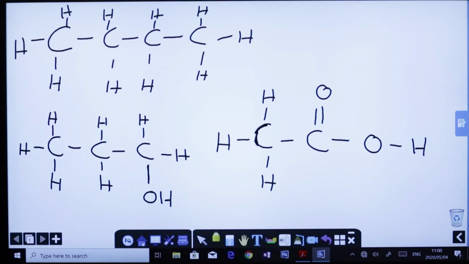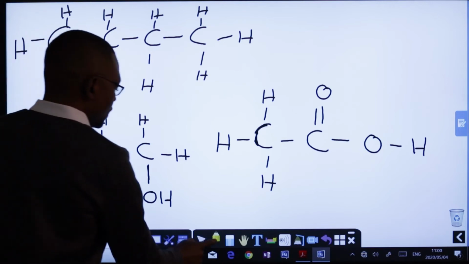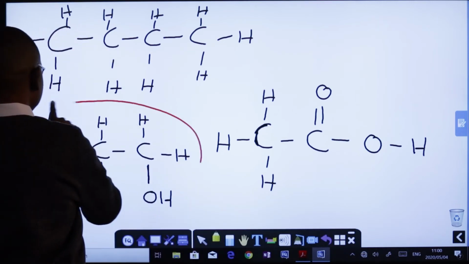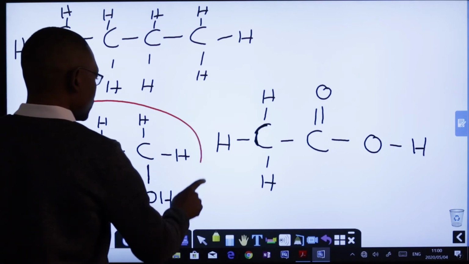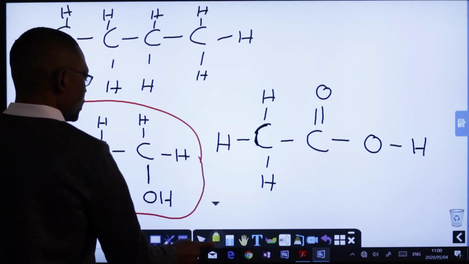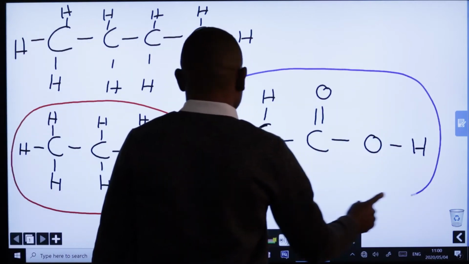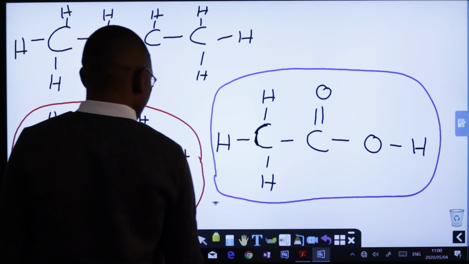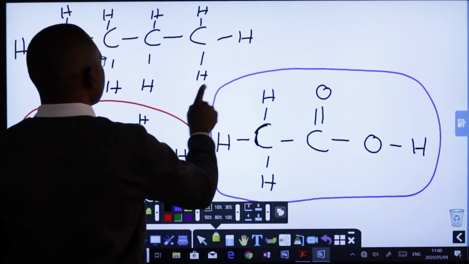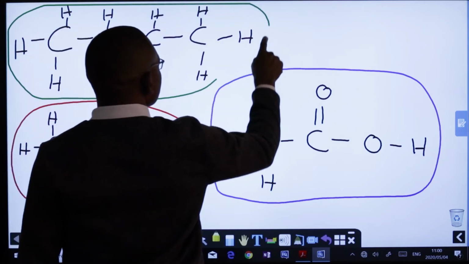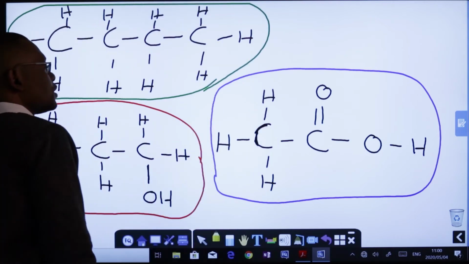So if we compare these molecules, I want you to take note of this molecule, compare it to that, and compare it to this, and see how things are going to be.